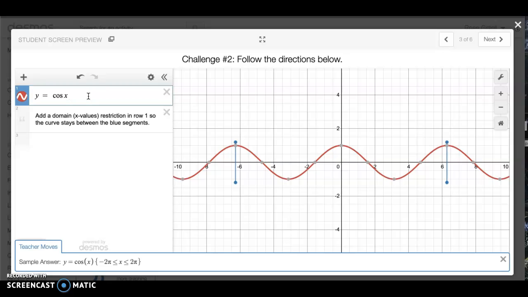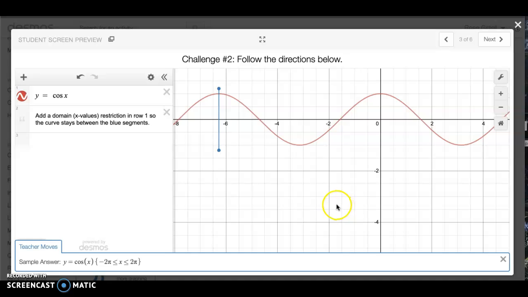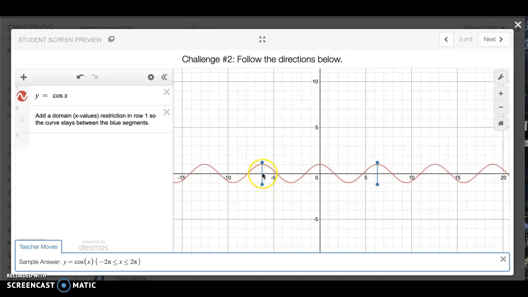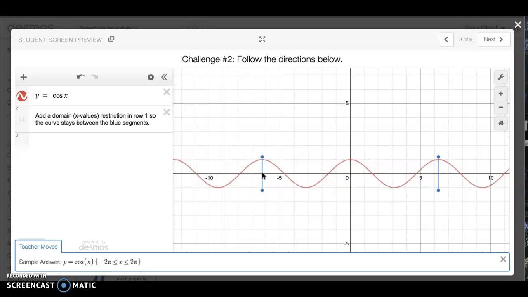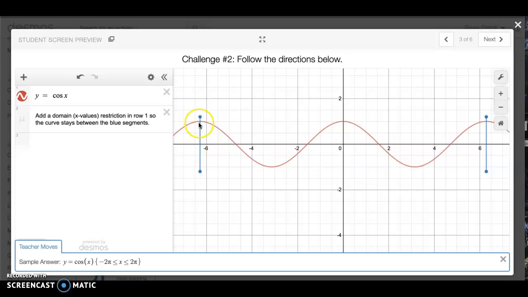So I want to think about what x values I want to include so that the curve is only graphed in between the blue segments. This time I'm paying attention to the x values because it's domain. If I look at the blue segment, I'm going to try to figure out what x value this blue segment is. The x value here is negative 2 pi.